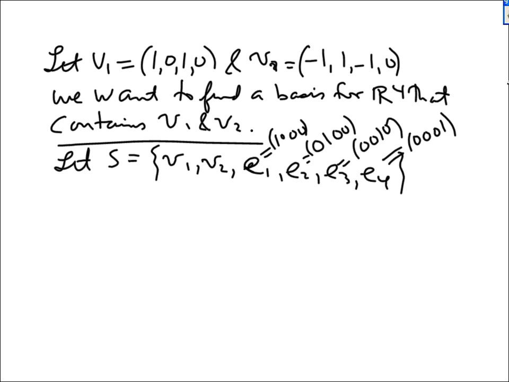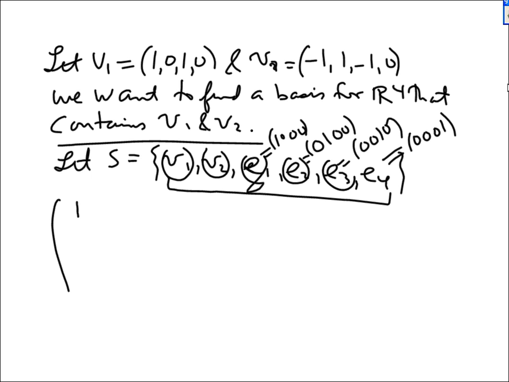Now, what I want to do is remove dependent vectors, but not V1 and V2. So what I do is, like we did earlier, write down each of these vectors as a column. If I put V1 and V2 first, they will be the last ones to leave.